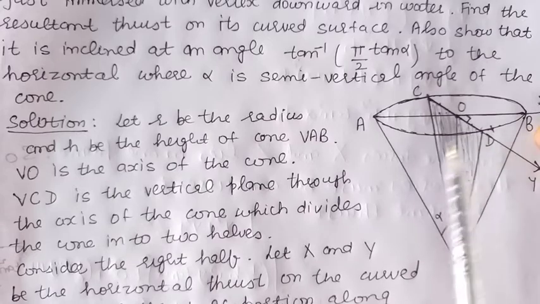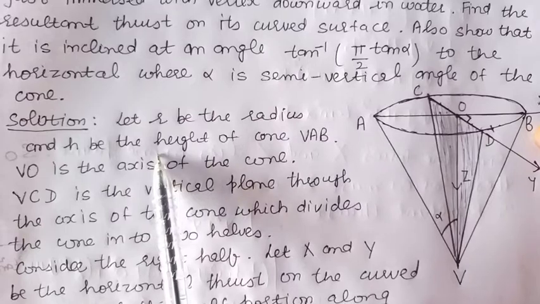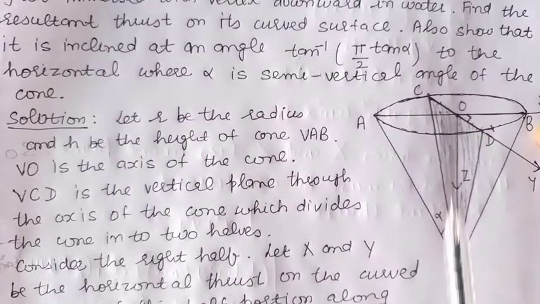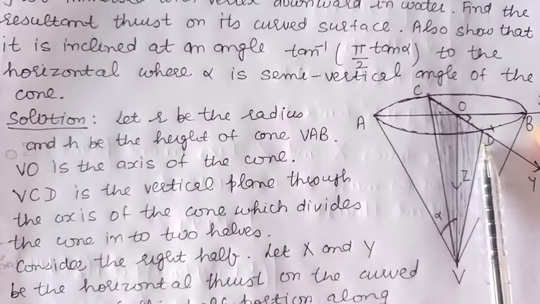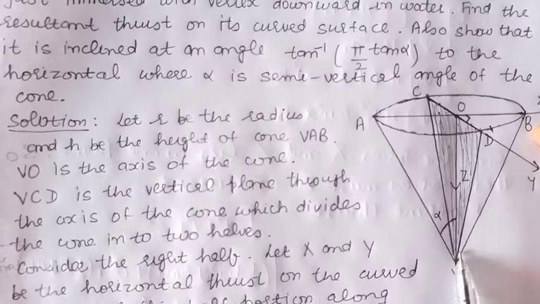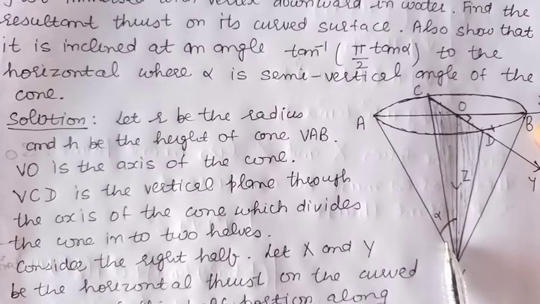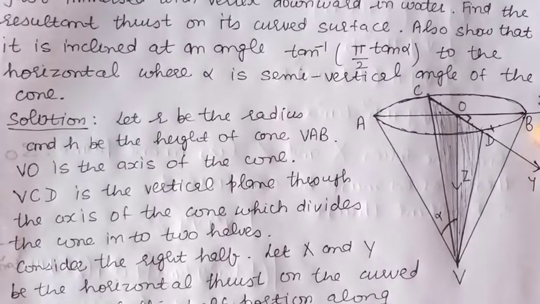The radius of the cone we have taken R. H is the height of the cone. VCT is the vertical plane through this axis VO, which divides this cone into two halves.